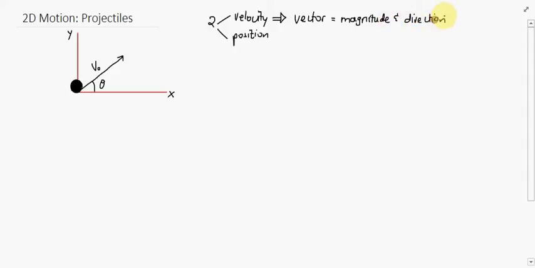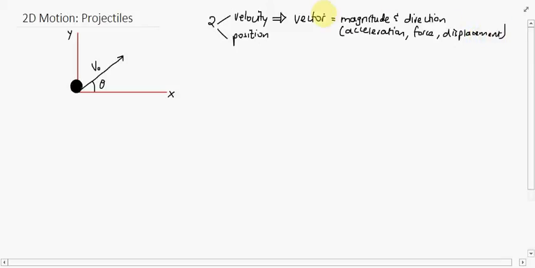Now, velocity is not the only vector quantity. Acceleration is also a vector quantity. Things like force and displacement are all examples of vector quantities, because by definition a vector has magnitude and direction.